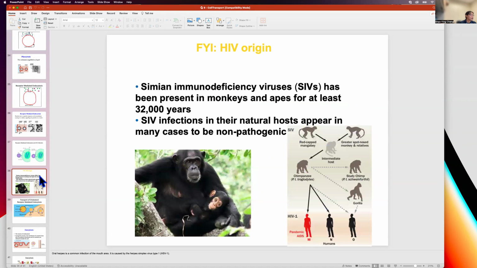And FYI, HIV actually comes from chimps. Chimp DNA is very similar to human DNA, like 99% identical. So the virus in chimps is not a very serious virus. It just lived with them for 32,000 years actually.